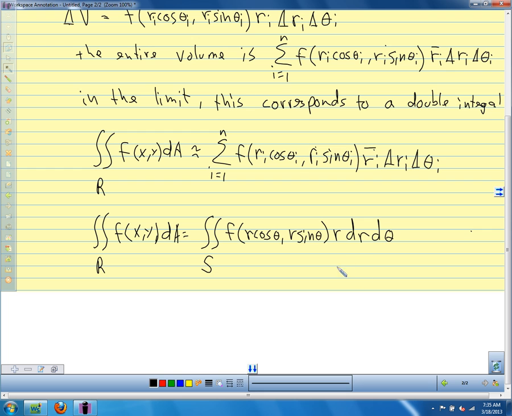In polar coordinates, you will always have that quantity as part of your integrand. The quantity in your little increment of area in polar coordinates is always r dr d theta. You can do it the other order, but it will always include the r, the dr, and the d theta. So all three of those quantities are always in your integrands for polar coordinates.